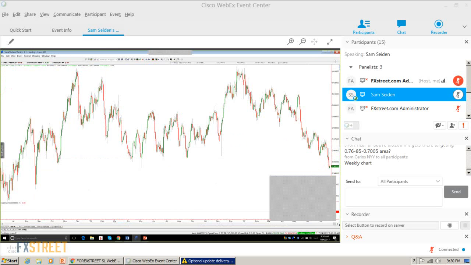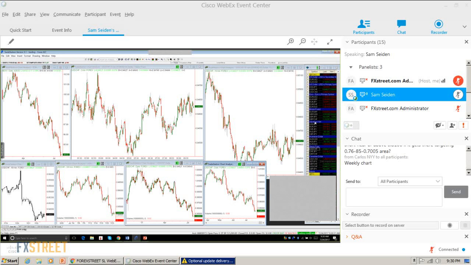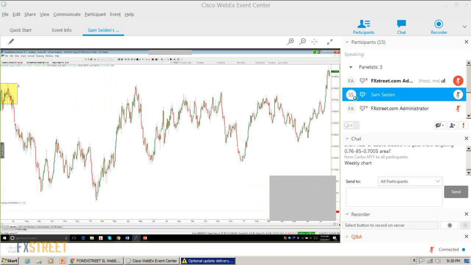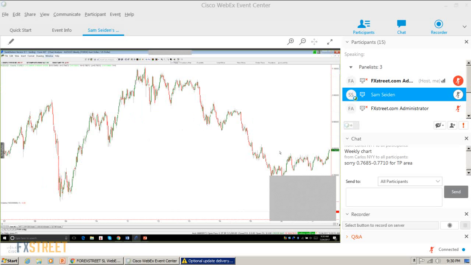Yeah, the weekly again. Let me go back. Yeah, and on the weekly, the new larger time frame, curve is now set for Aussie dollar.